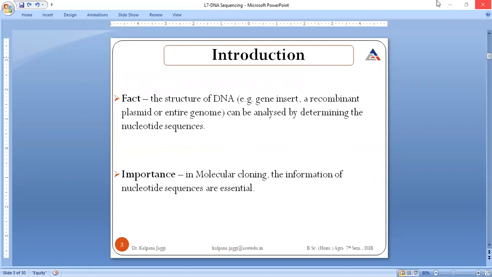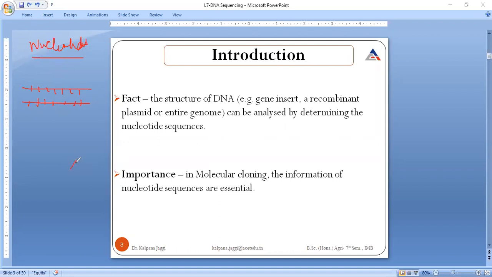So what is meant by DNA sequencing? This is the DNA, and we all know DNA is altogether composed of nucleotides. Here are the bases, and above the bases we have the hydrogen bonds.